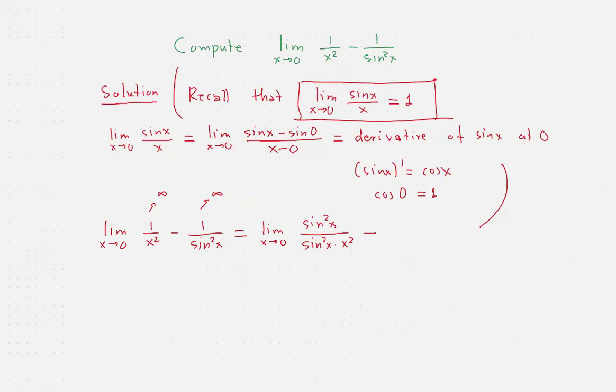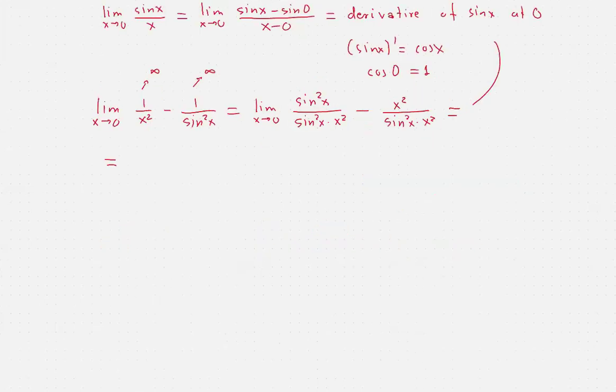So we multiply and divide the first fraction by sine square of x, the second fraction by x squared, and we get the limit as x tends to 0 of sine square of x minus x squared over x squared times sine square of x.